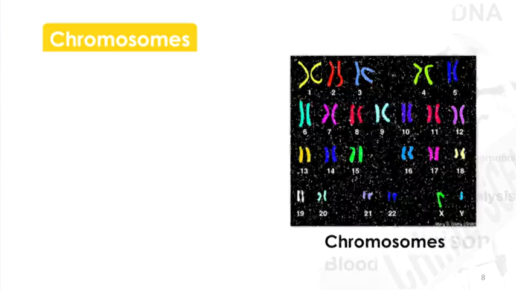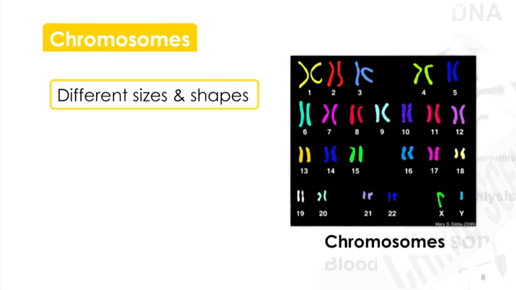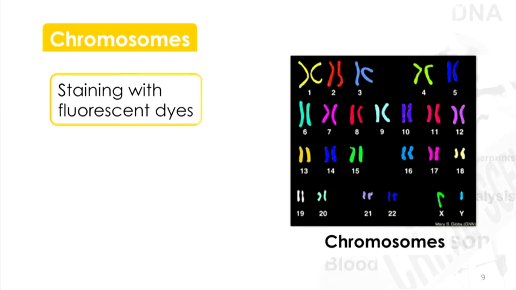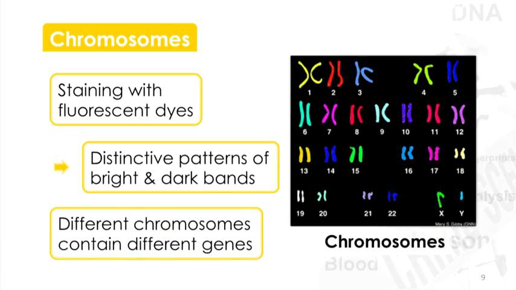The different chromosomes, which are shown here in this scheme, are different sizes and different shapes. And when they've been dyed, they show up with particular distinctive patterns so you can tell them apart. They are numbered 1 from the biggest through to 22, and then the X and the Y. Your genes are contained within the different chromosomes.